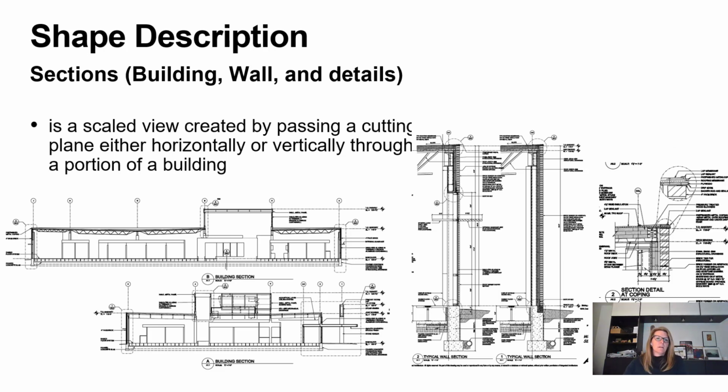Building sections. So here is a longitudinal building section. It's going through the length of the building. The transverse section is going through the short direction of the building, and it's basically showing you the overall way in which the structure works, what's happening in elevation, and overall information about the building.